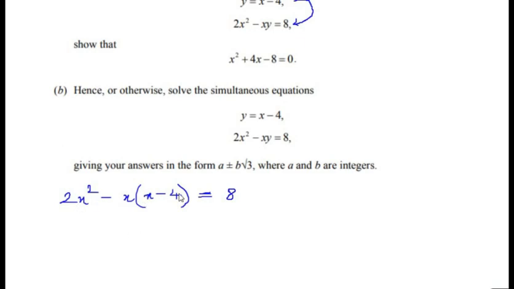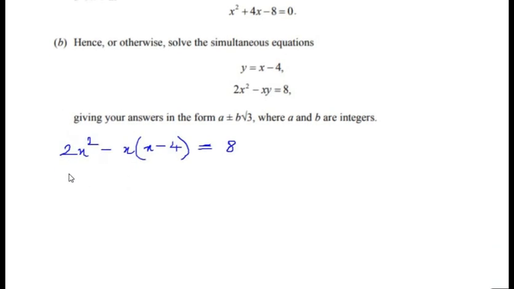As you can see, we have eliminated the y term. So we can write it here as 2x square, and we expand the bracket: minus x times x gives us minus x square, and minus x times minus 4 gives us plus 4x, equal to 8.